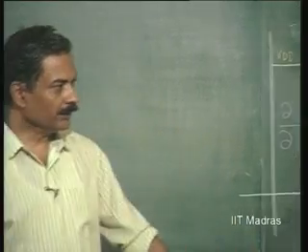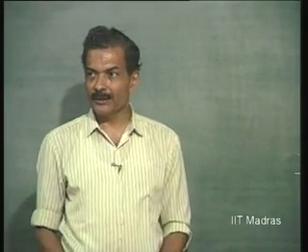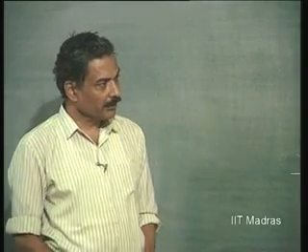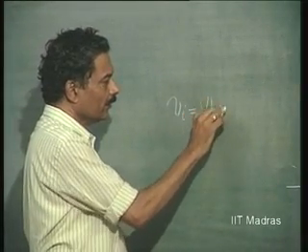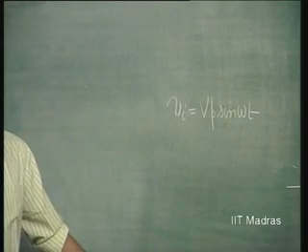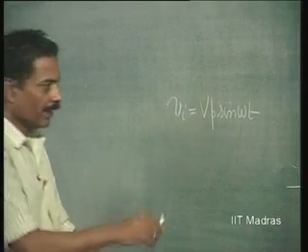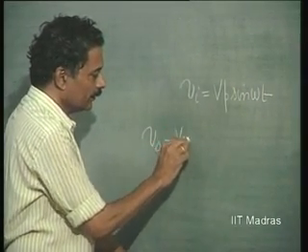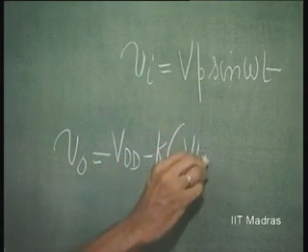So, let us now consider what is meant by distortion, which we had already discussed in the case of bipolar junction transistor amplifiers. If you consider that Vi is Vp sin omega t, this is a sine wave. We will now have V naught equal to Vdd minus K times Vp.